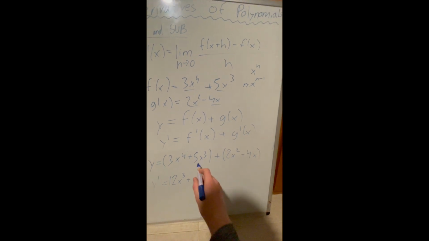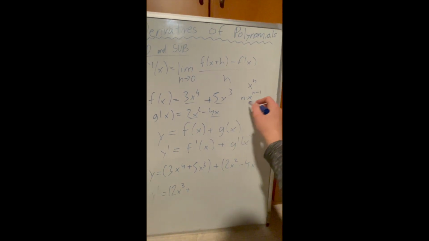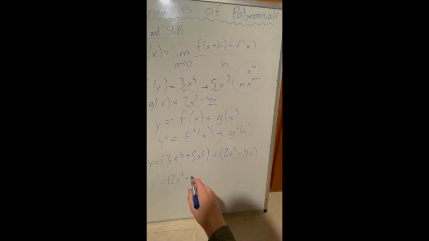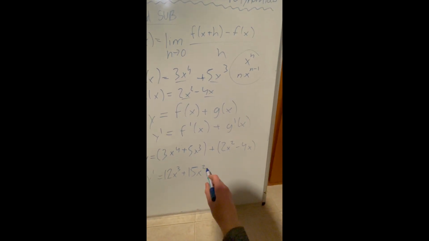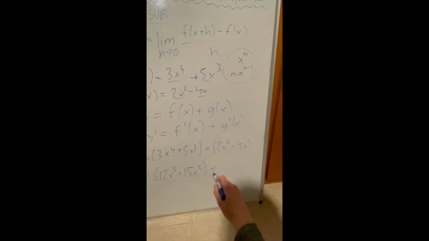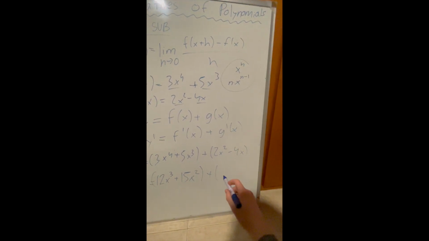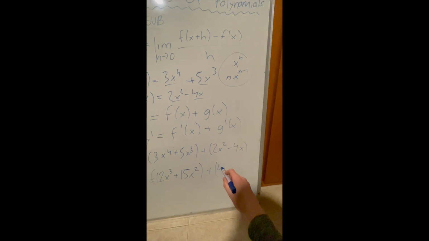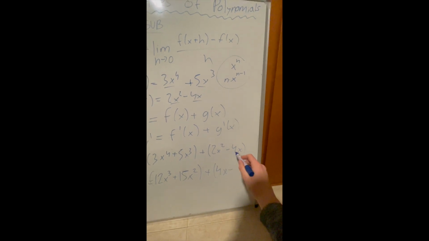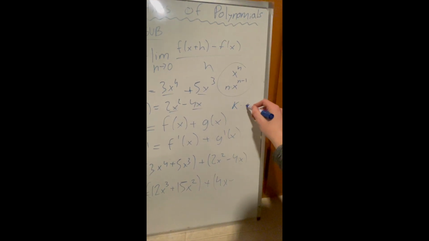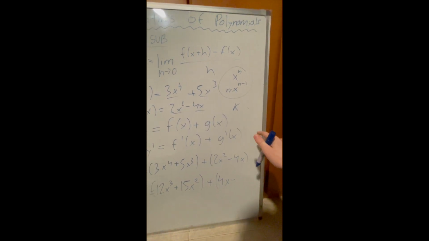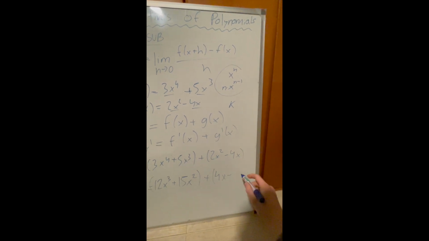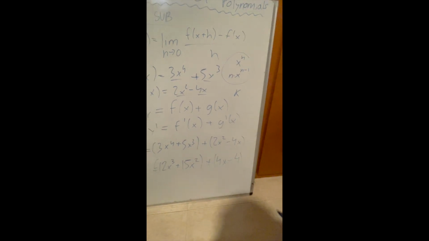Plus, let's move right to this one. We do the same thing here. We apply this concept: 3 times 5, 15, x to the power of 3 minus 1, 2. And then plus, we apply exactly the same thing, 2x squared gives 4x, minus, and here, since we have a constant multiplying an x, we just cancel the x and keep the constant, so 4.